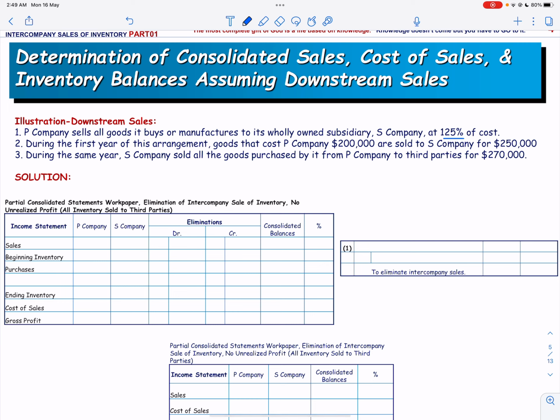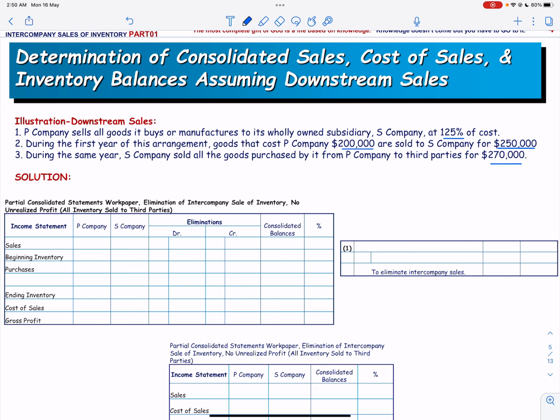During the first year of this arrangement, goods that cost P company 200,000 are sold to S company for 250,000. During the same year, S company sold all the goods purchased by it from P company to third parties for 270,000.